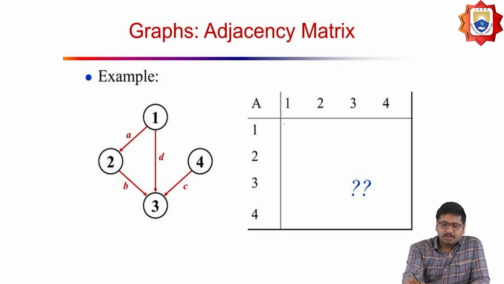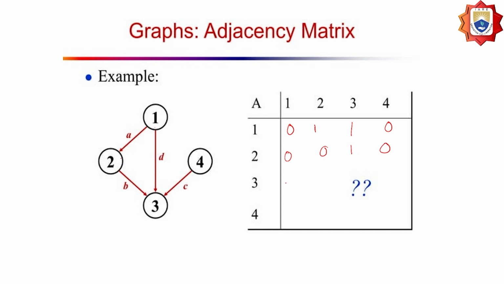Whenever there is an edge between them, I represent it. From 1 to 1 there is no edge, so it should be 0. I have an edge from 1 to 2, so it should be 1. Then from 1 to 3 and 1 to 4, 0. Then 2 to 1, 2 to 2, 2 to 3, and 2 to 4, 0.